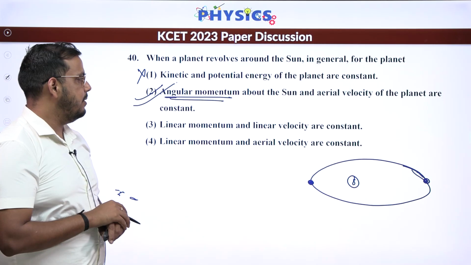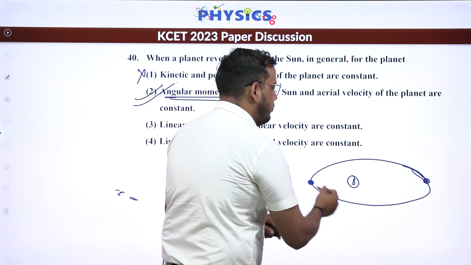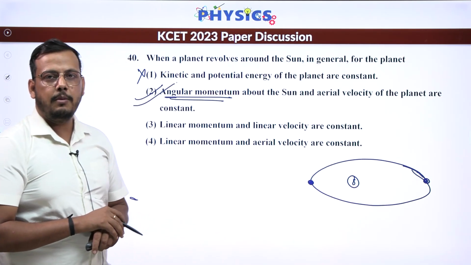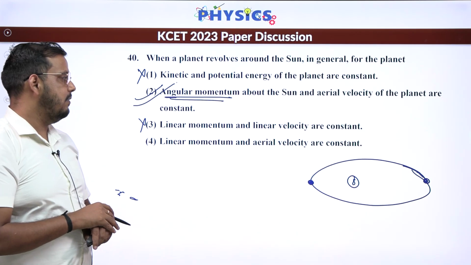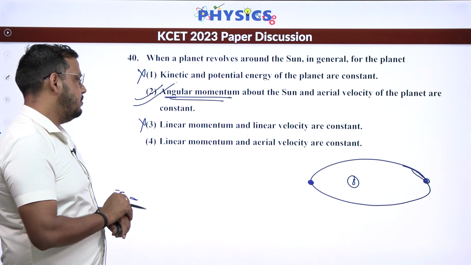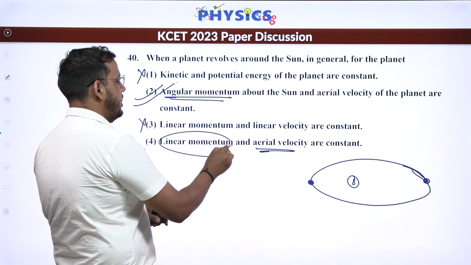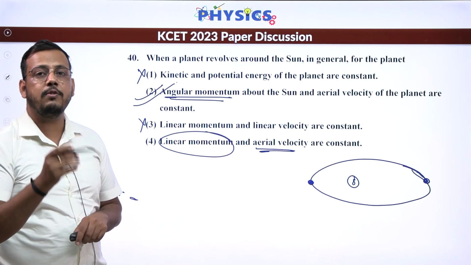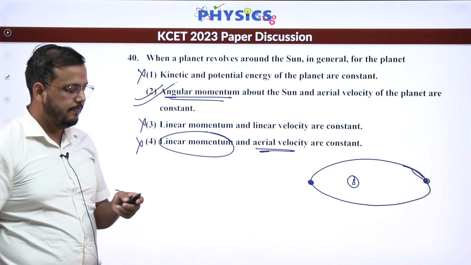Next, linear momentum and linear velocity are constant. No, velocity is changing at every moment in the elliptical path, so that is also wrong. Linear momentum and areal velocities are constant. See, areal velocity is constant, but linear momentum is variable, because speed or velocity is variable. So this is also wrong. So option 2 is correct.